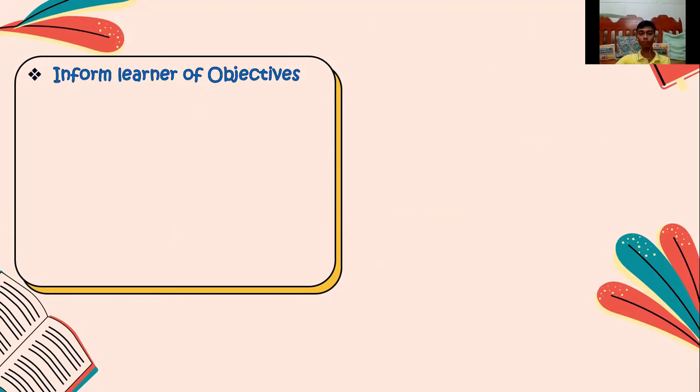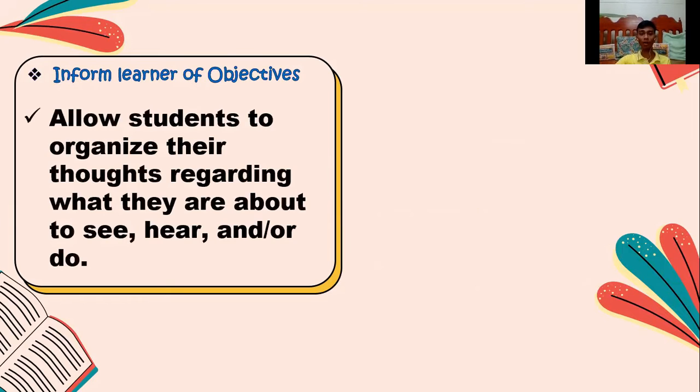Number 2, inform learner of objectives. Allow students to organize their thoughts regarding what they are about to see, hear, and or do. After gaining the attention, inform the learners of the learning objectives to help them understand what they will be learning during the session.